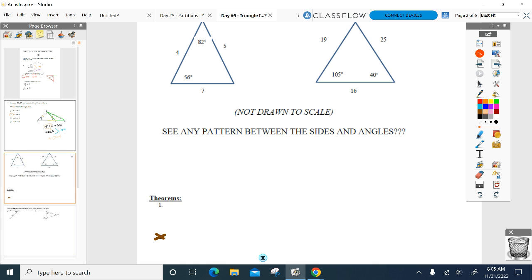Where each angle is directly across from the largest side.